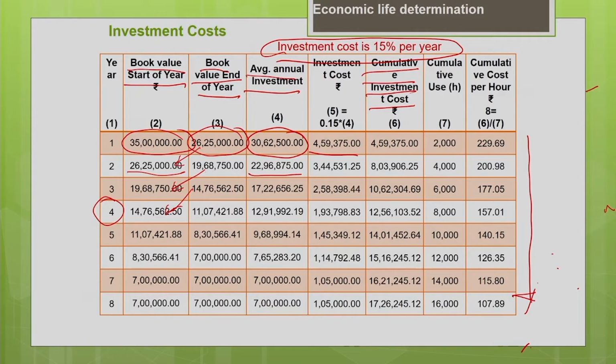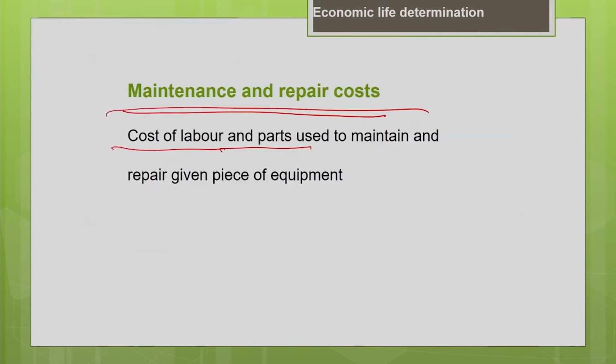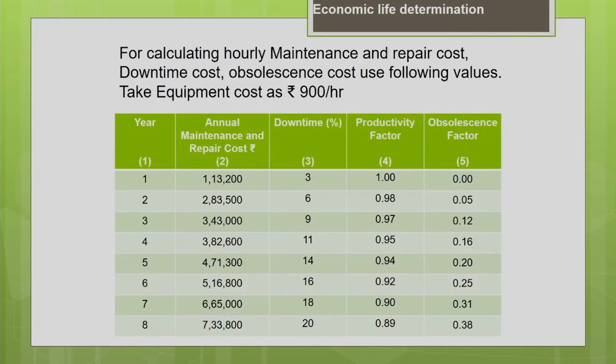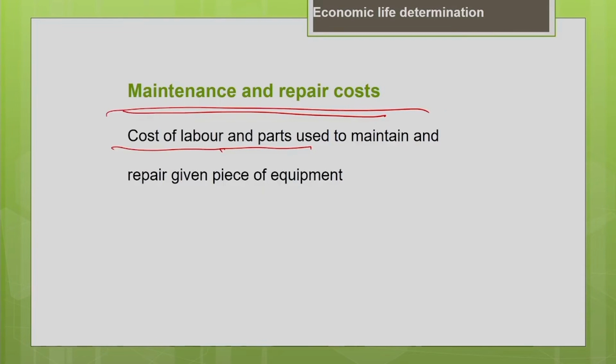When the investment cost is distributed over a greater period, you can see that the cost will reduce. As the usage is increasing, the cost is reducing with time. But in the case of operating cost, the maintenance and repair cost, downtime cost, your cost will increase with the age of the machine. So that thing you have to note very carefully. Now, let us calculate the maintenance and the repair cost.